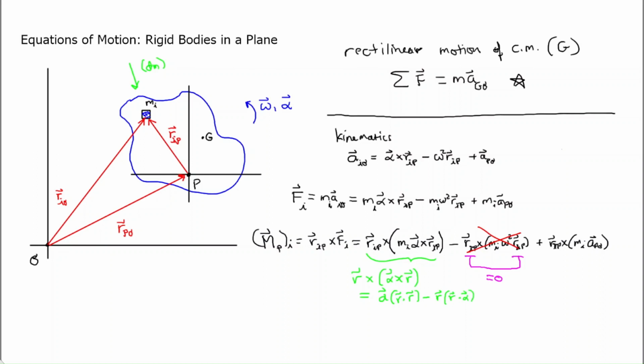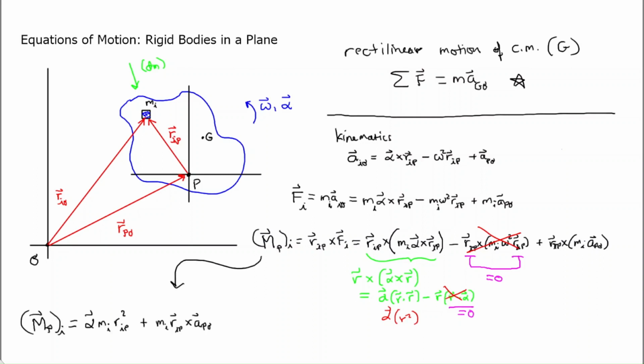Now for planar rotations, alpha is a vector that points out of the screen, or into it, and r is a vector in the plane of the screen, so this dot product is equal to 0. All that's left in this first triple cross product is just alpha times the scalar r squared.